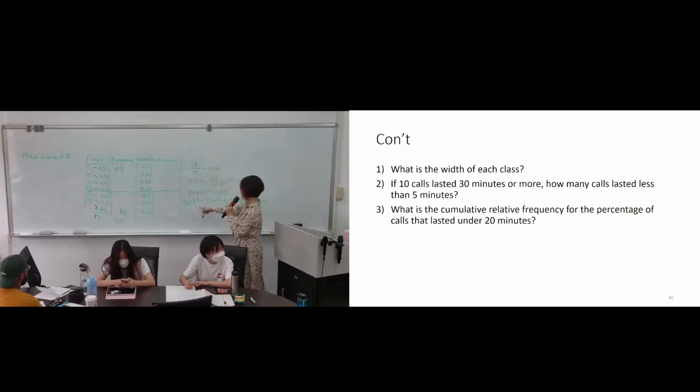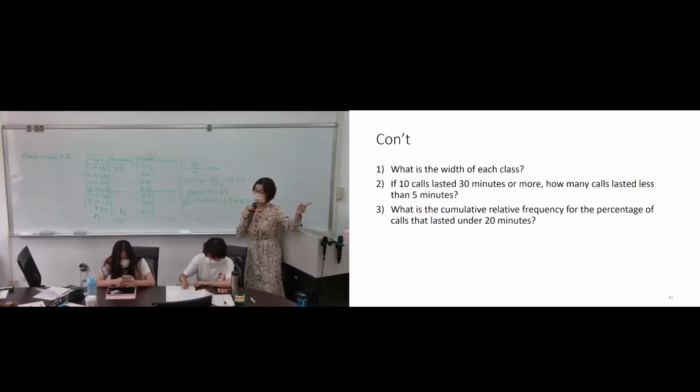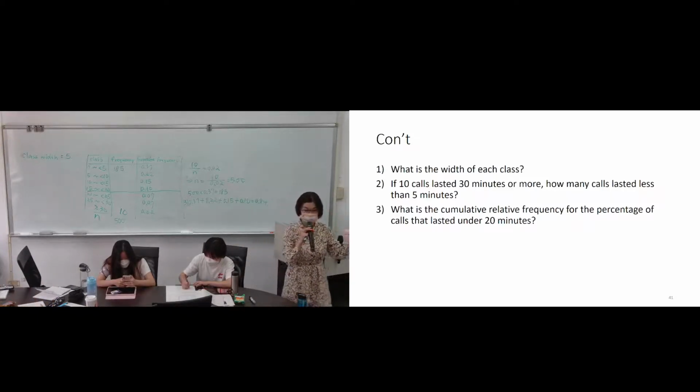That's the first way, we add up the four relative frequencies for the first four classes. The other way is because in the cumulative relative frequency distribution, the last entry should be 1.